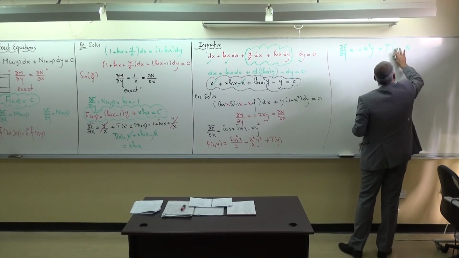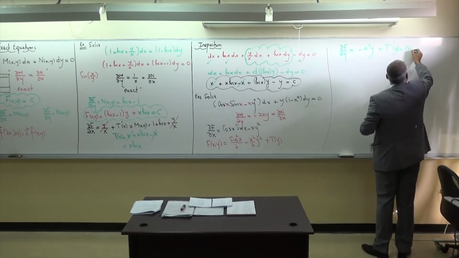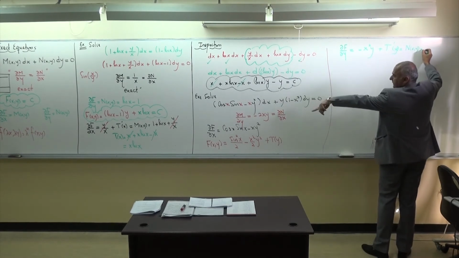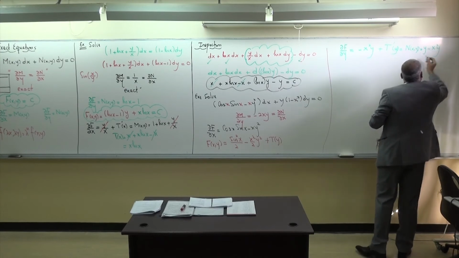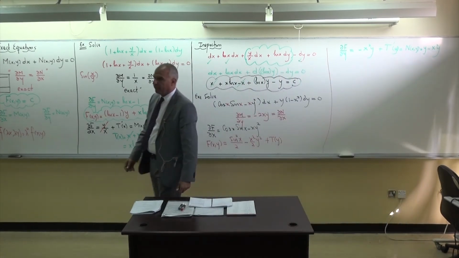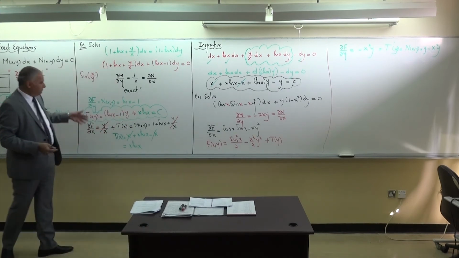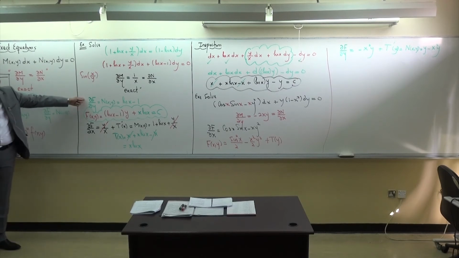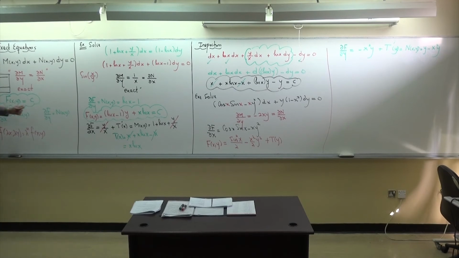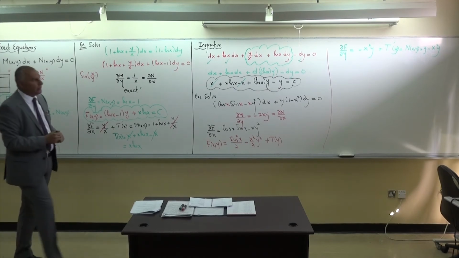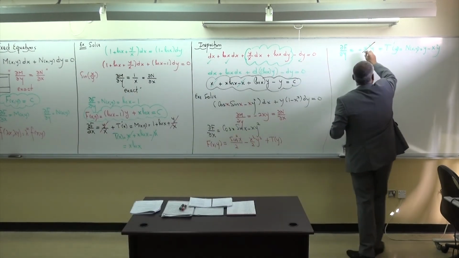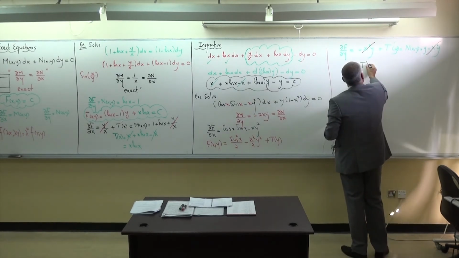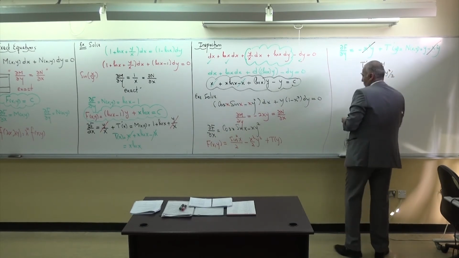But this will be equal to N, which is given by y minus x squared y. So I put the right side, why here? There are two ways: you start with df/dx equals M and then end with this, or you start with df/dy and then end with this. Here I started with df/dy and ended with df/dx. There I started with df/dx and ended with df/dy, to make a change for you to see. Now you can see that those cancel out. So you have t prime of y equals y, meaning t of y equals y squared over 2.